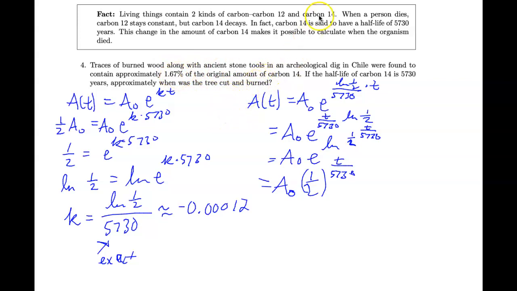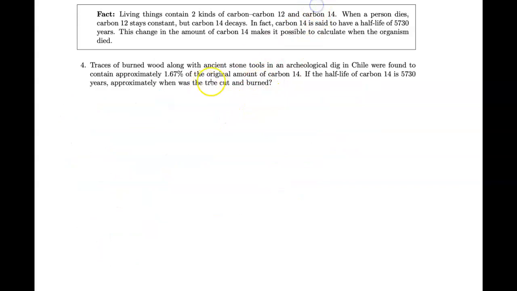So our function is A of t equals A naught times 1/2 to the t over 5,730.